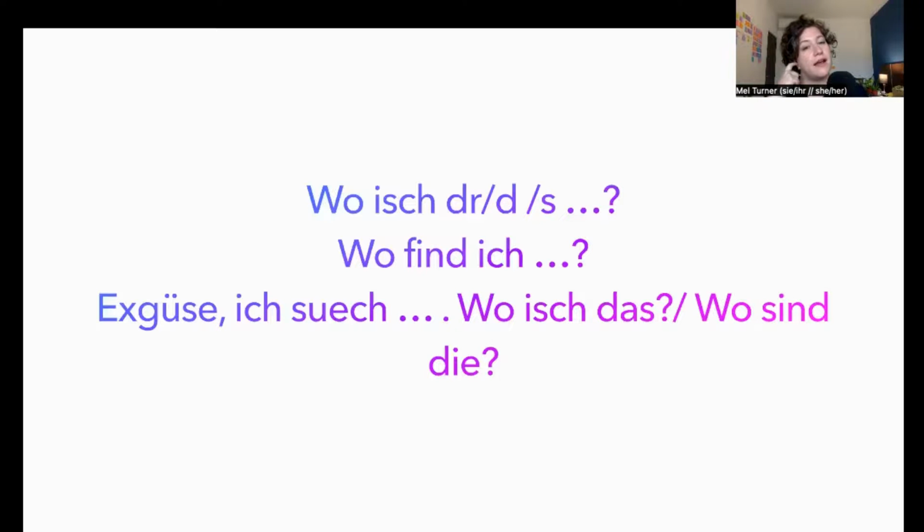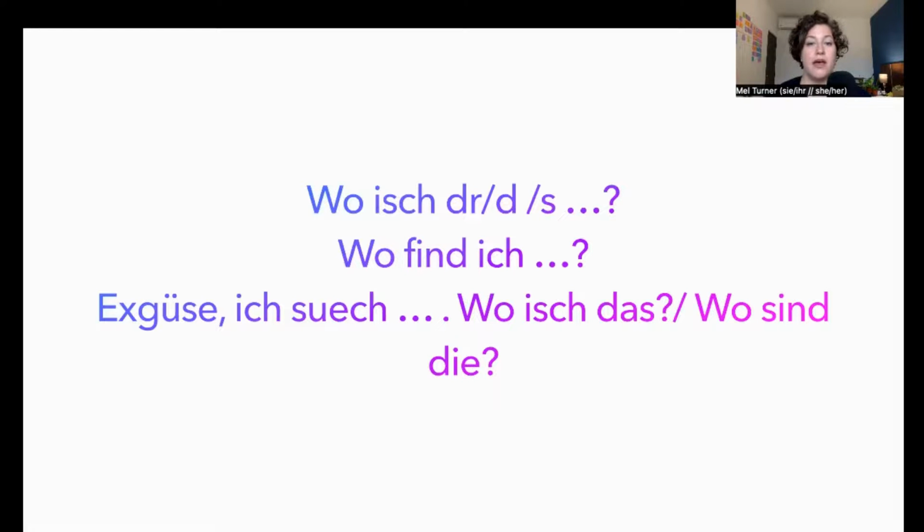So here we are. If you're in the store and you're looking for something, just a reminder, how do we ask for those things? We ask, wo ist der Fleischkäse? Wo ist das Gemüse? Genau. Oder wo finde ich? Wo finde ich das Rindsfleisch? Wo finde ich eine Banane? Wo finde ich die Banane?